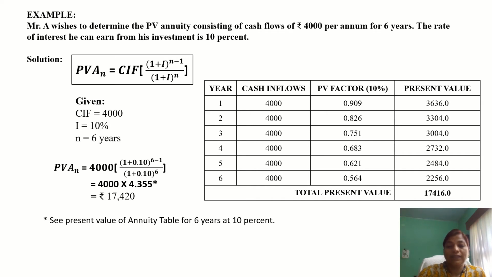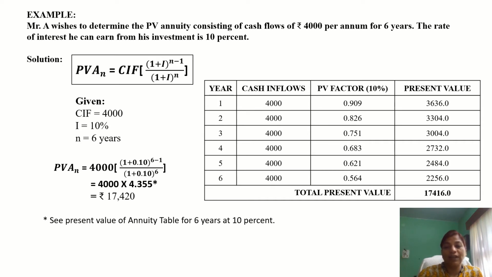The same problem can be done like this by tabulating it. Here the first column is for years 1 to 6, cash inflows 4,000, which are even. We have taken the present value factors and multiplied the cash inflows with them, so we generate 17,416.